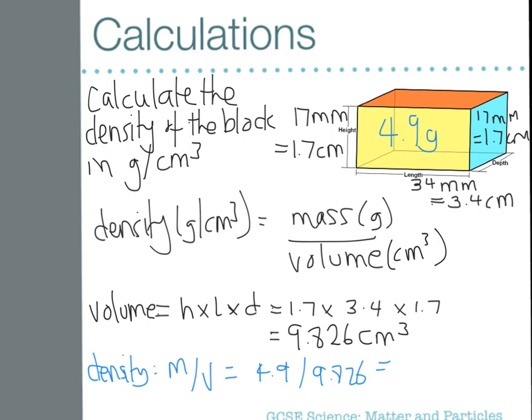And again, I'll use my calculator, and I find that it's a big long number, 0.498576979. I'm not going to write all of that down, so I look at my calculator and I round to 2 decimal places so that I have 0.50 grams per centimetre cubed. And there's my final answer.